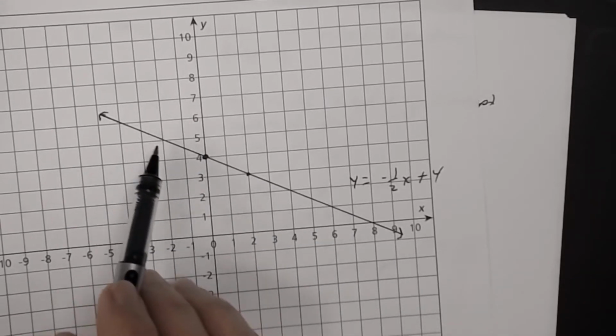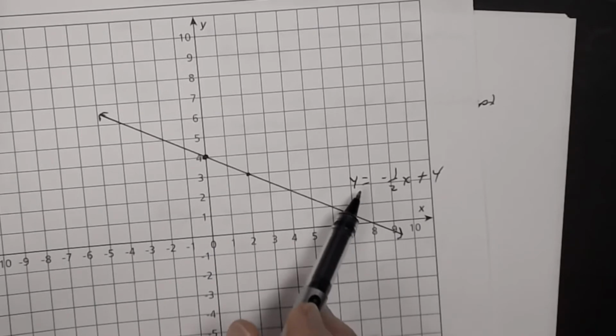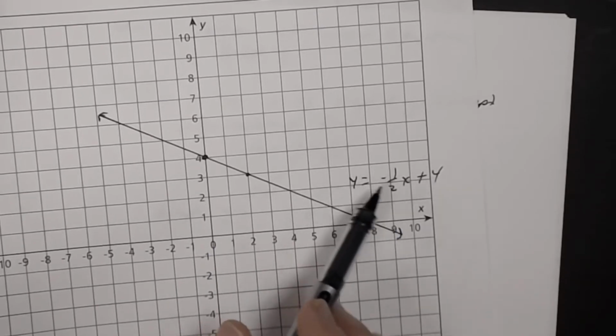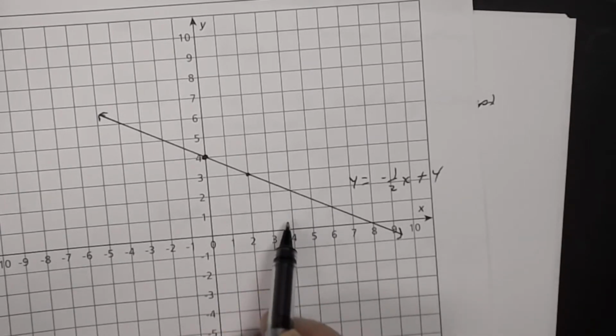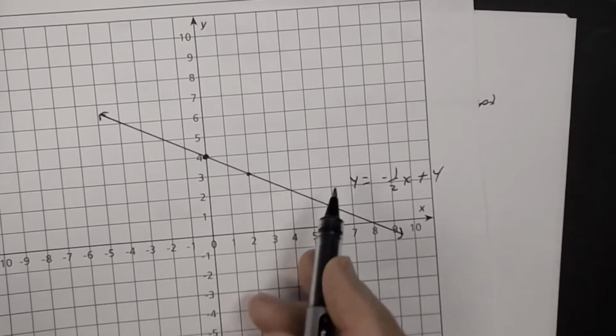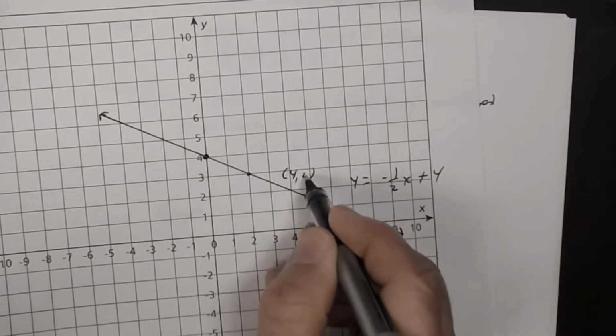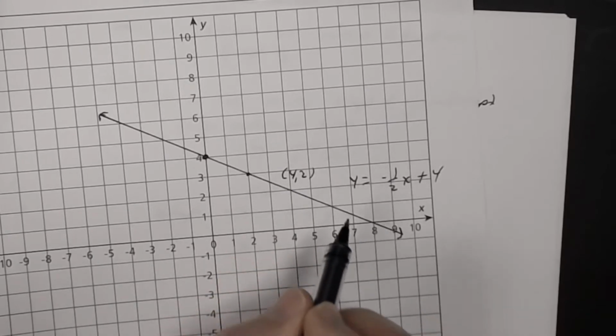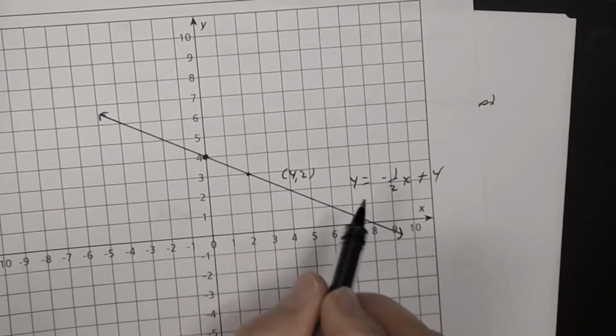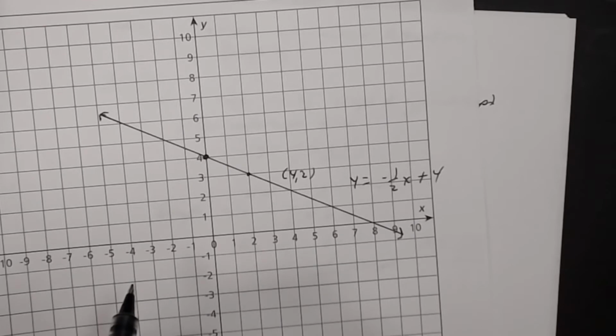Any point on that line, if you substitute here, will make the left side equal the right side. Will make this equation true. So for example, see this point right here? 4, 2. Is 4, 2 on that line? Yes, it is. So what does that mean? That means that if I substitute 4 into x and 2 into y, the left side is going to equal the right side. That's what that means.